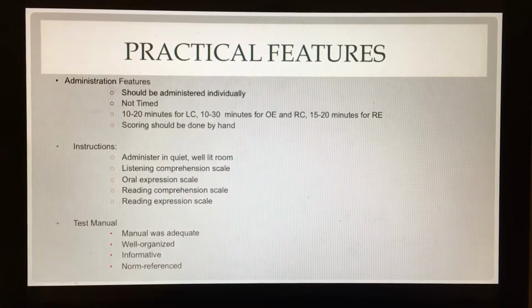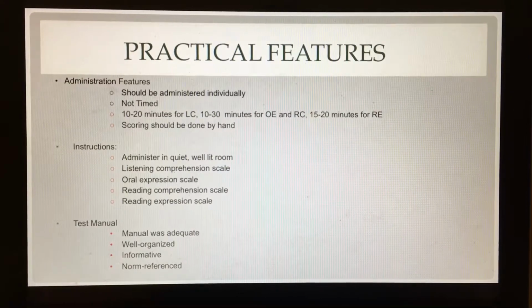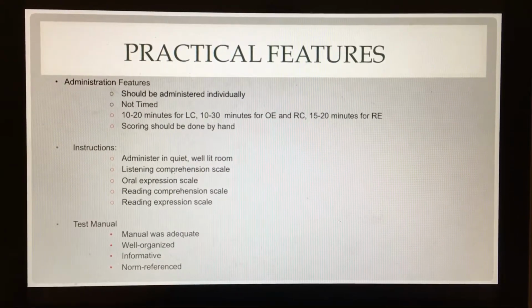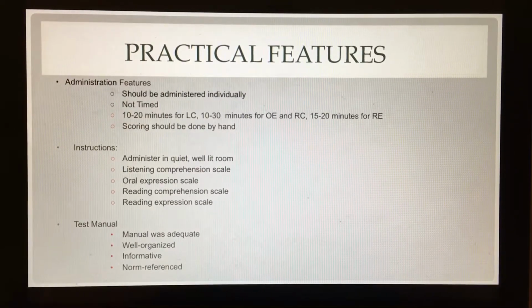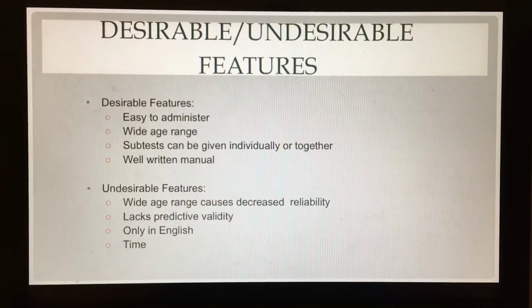It is also advised that administration occur in a quiet, well-lit room during each of the scales listed on this slide. The manual that was presented with this assessment was adequate, well-organized, informative, and norm-referenced.